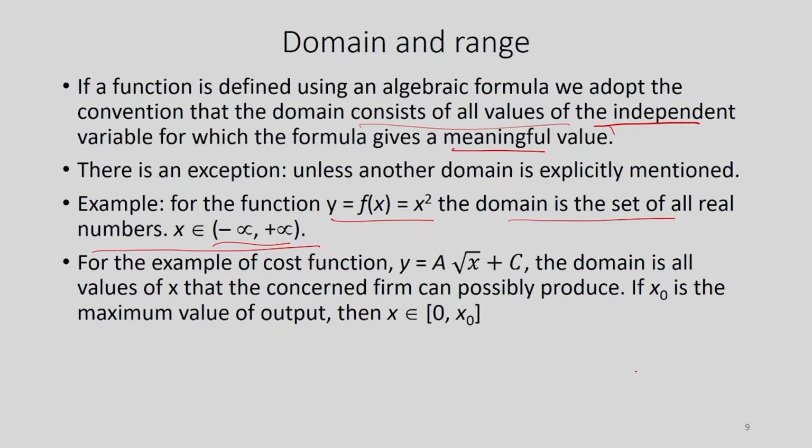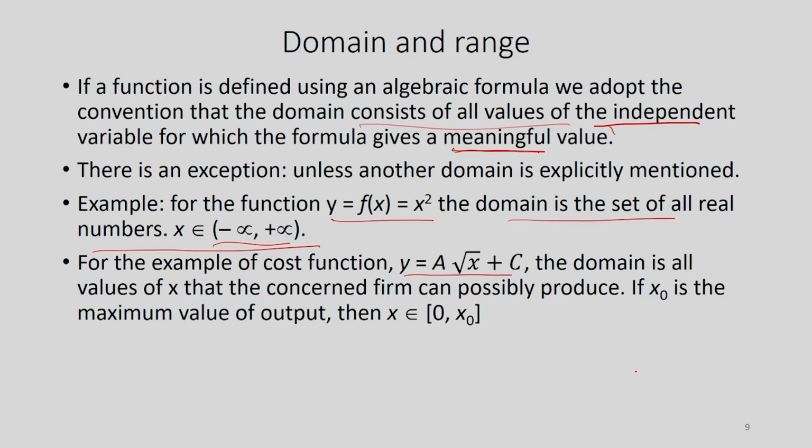Let us take another example. This example we have seen before, y is equal to a multiplied by root over x plus c. Here the domain cannot be the entire real number line, right. Here you see where this word meaningful is important.